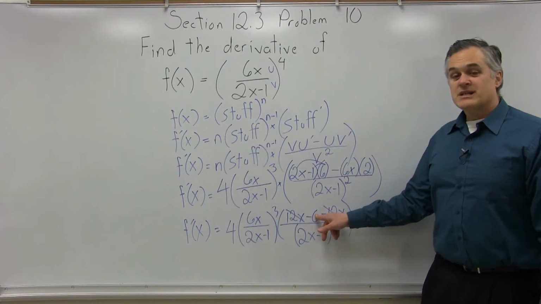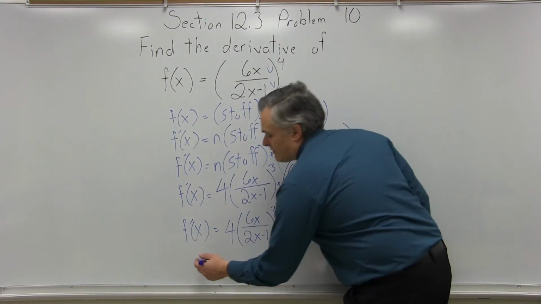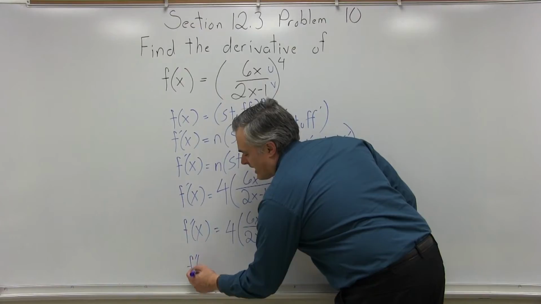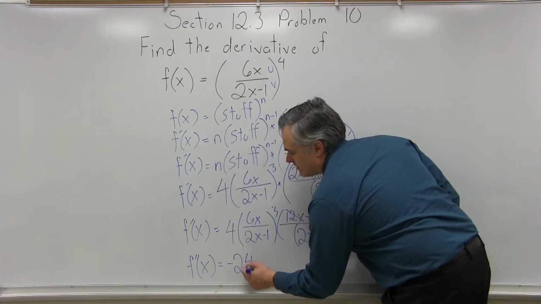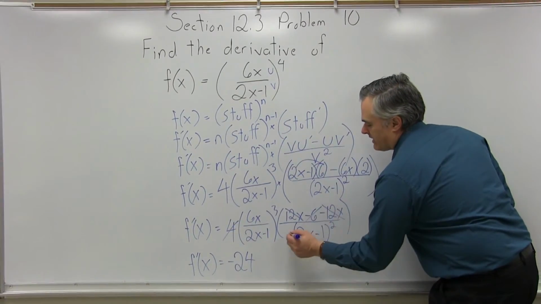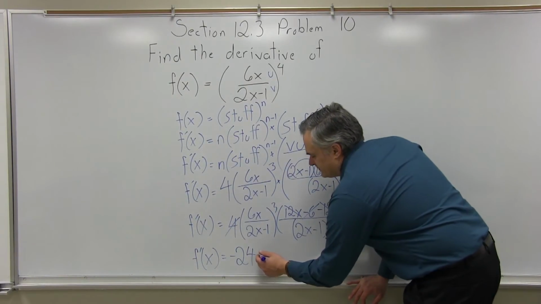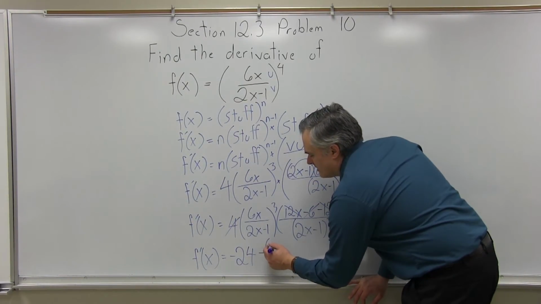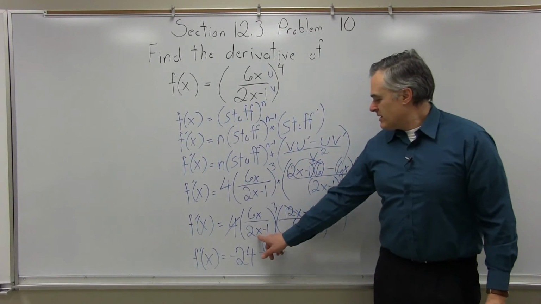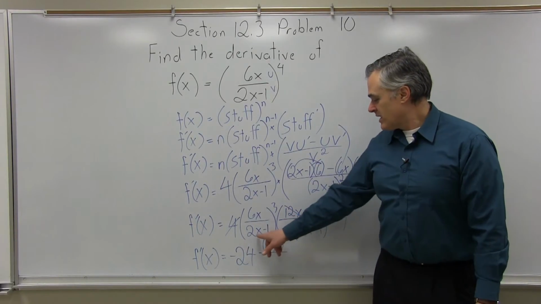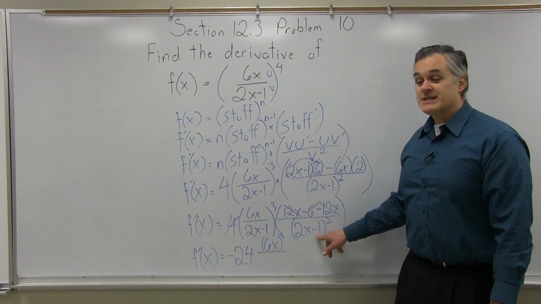So I'm left with a minus 6 in the numerator times a 4 in front. Minus 6 times 4 is negative 24. So f prime of x, I'll have a negative 24 to start off. That takes care of the 4 and the minus 6 that I had in the top. And now it's times 6x cubed on top. In the denominator, you don't have to simplify this far, but if you like, you have 2x minus 1 raised to the third power and 2x minus 1 raised to the second power.